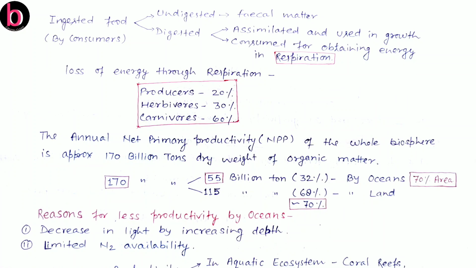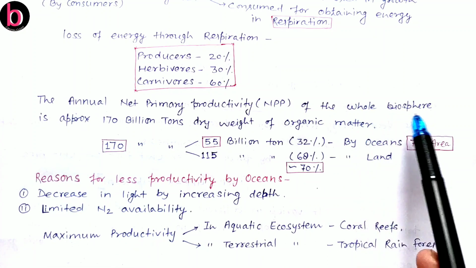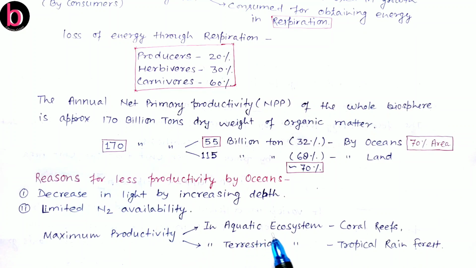Second, in the ocean, nitrogen is the most deficient mineral and its limited availability also causes low productivity. When we discuss maximum productivity on earth, in terms of aquatic ecosystems this is maximum in coral reefs, while in terrestrial ecosystems this is maximum in tropical rainforest. In hot and cold deserts, the productivity is very low because of very high and very low temperatures respectively.